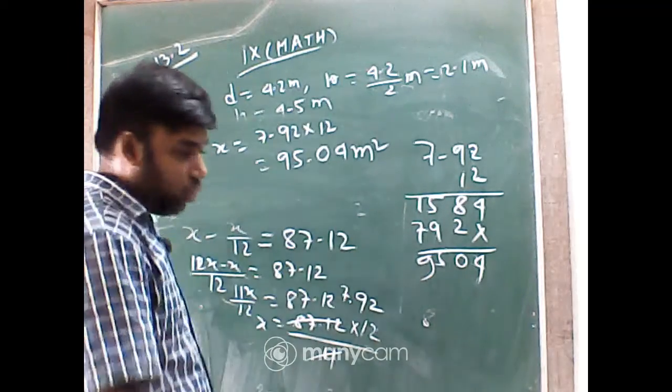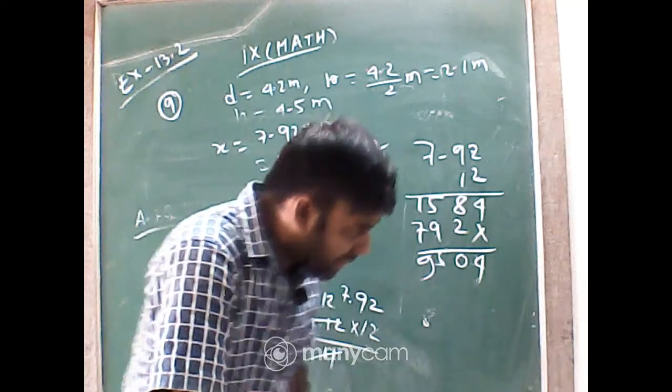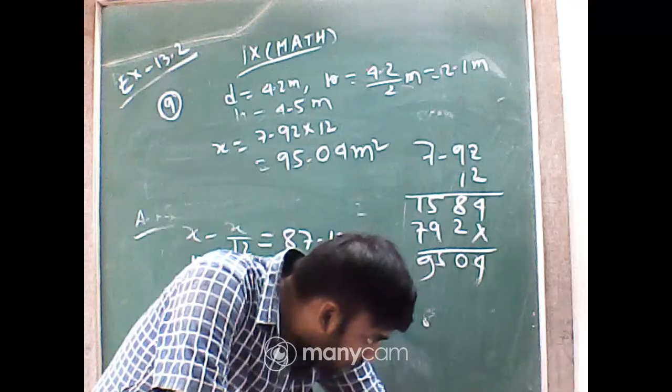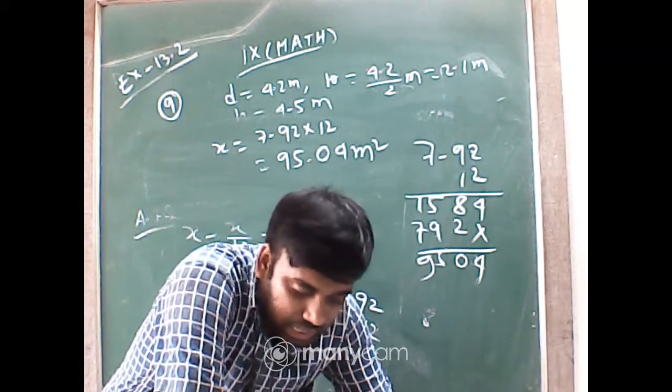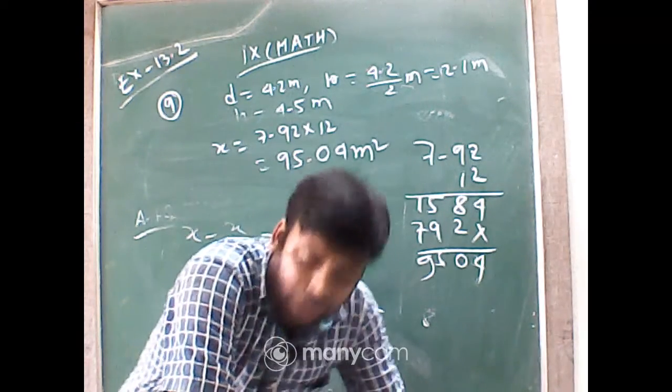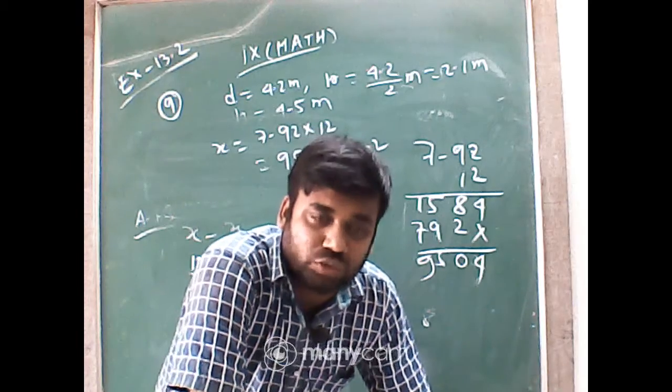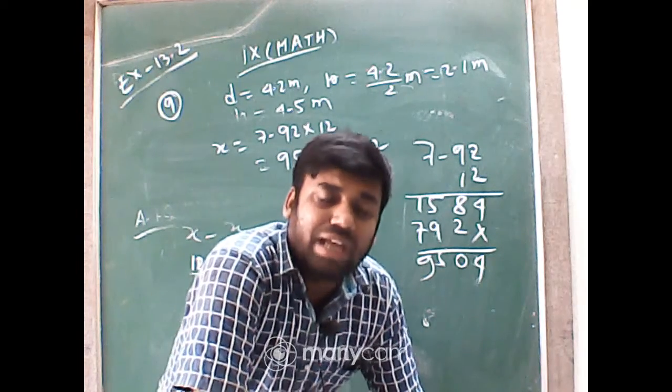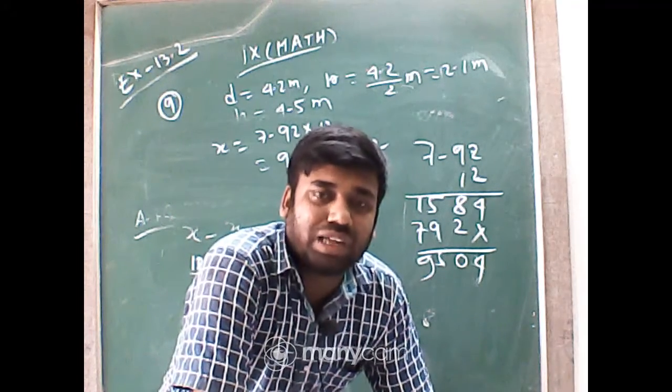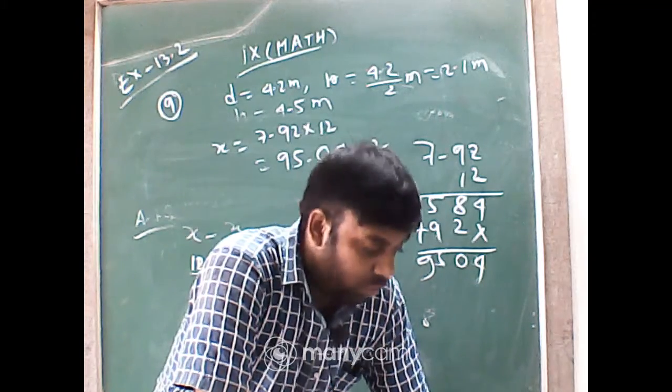Okay. So total surface area needed is 95.04. Out of this 95.04 meter square, some part is wasted and the remaining part is used to make that closed cylinder.